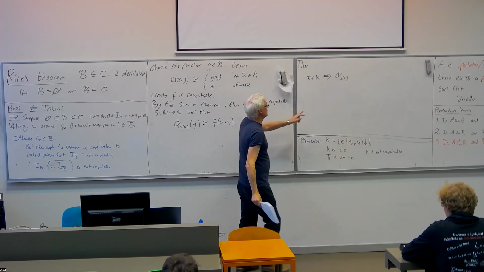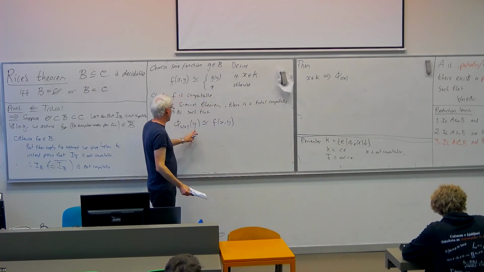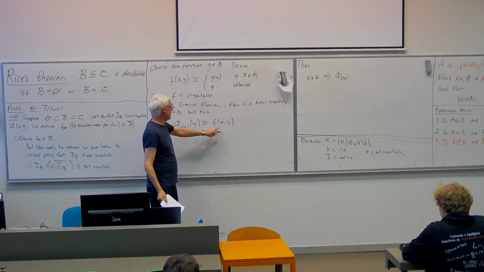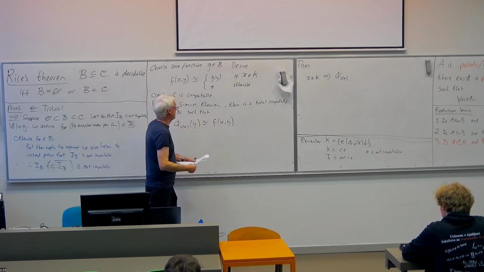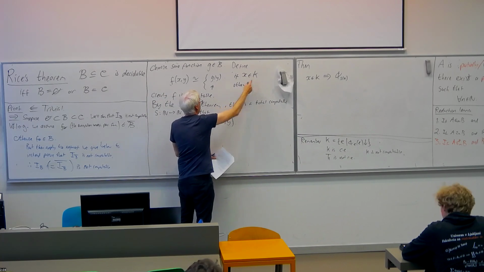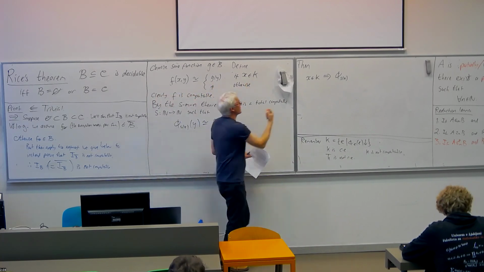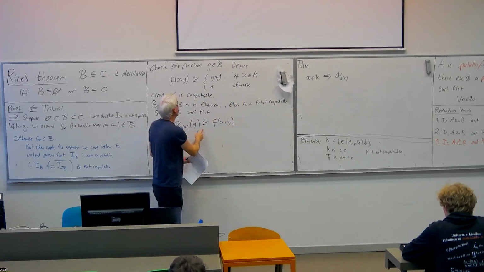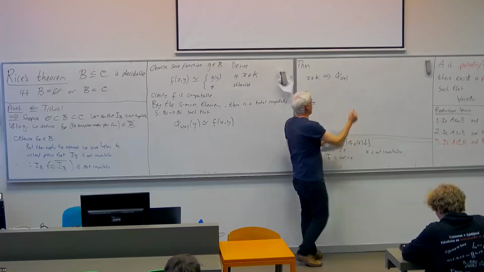So then phi of s of x applied to y gives us f of x of y. But because x belongs to K, this first condition always applies. So for any x in K, phi of s of x applied to y gives us the function g of y. That means this is the function g.